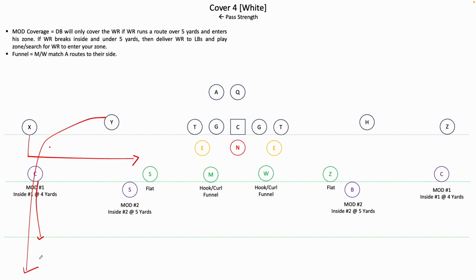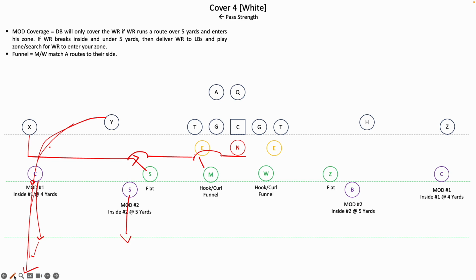You're just going to drop into your quarter, and then when the Y crosses 5 yards and enters your quarter, you're just going to defend. This Spartan here, this X is not crossing the 5-yard mark, so you're just going to drop into your quarter and look for someone to enter. And then we're going to get our normal rules here for what the linebackers are going to do.